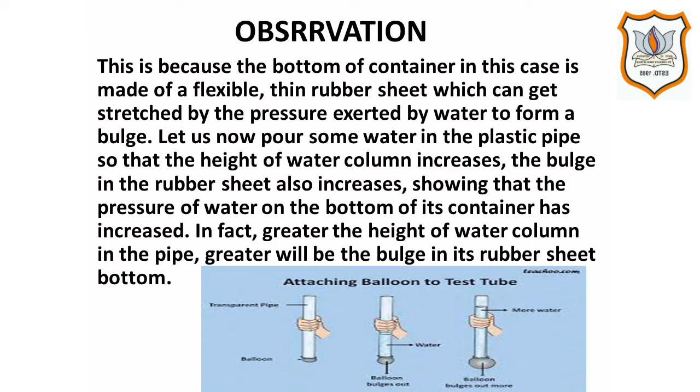Let us now pour some more water in the plastic pipe so that the height of the water column increases. The bulge in the rubber sheet also increases, showing that the pressure of water on the bottom of its container has increased. In fact, the greater the height of the water column in the pipe, the greater will be the bulge in its rubber sheet bottom.